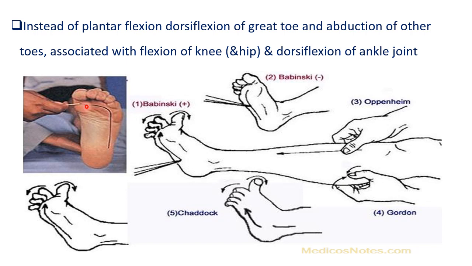The great toe shows dorsiflexion and fanning out, and the other toes also fan out and show dorsiflexion, with abduction, along with dorsiflexion at the ankle and flexion at the knee and hip joint.